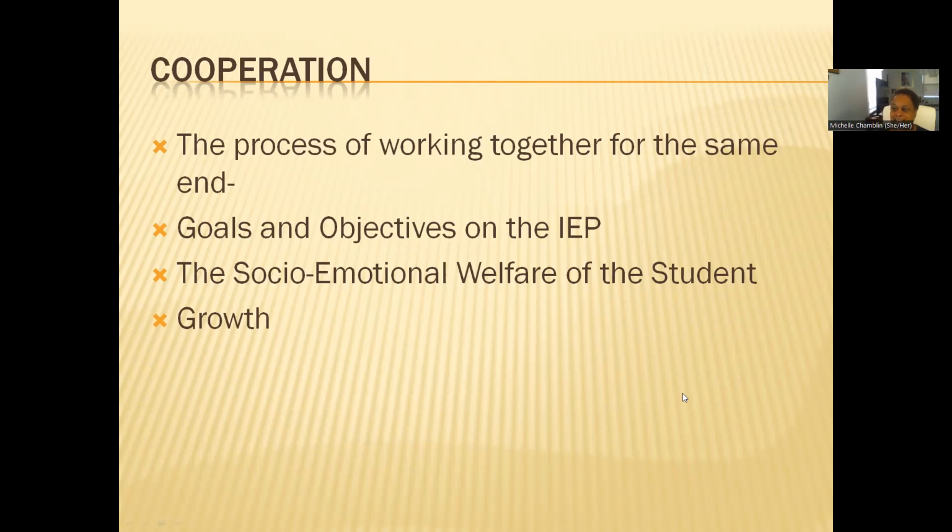The other thing that is not in the textbook as far as cooperation and shared goal, which I feel is really important, is that we all need to be working around cooperation for the social, emotional welfare of students. Students with disabilities in particular, because there have been students who are experiencing school in a very different way than typical students.